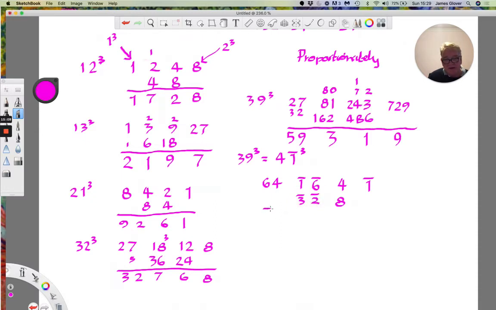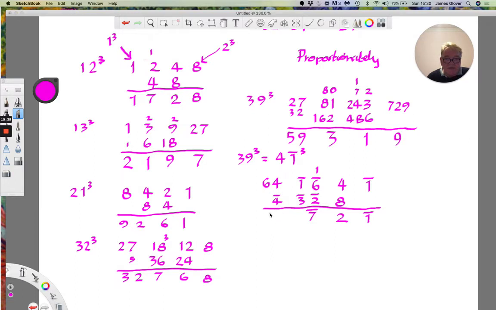And now we can add up. Here we get bar 1, get 12, which is 2, with a 1 to carry. We add up this and we get minus 47, because minus 48 add 1. So minus 47 is a bar 7 carry bar 4.